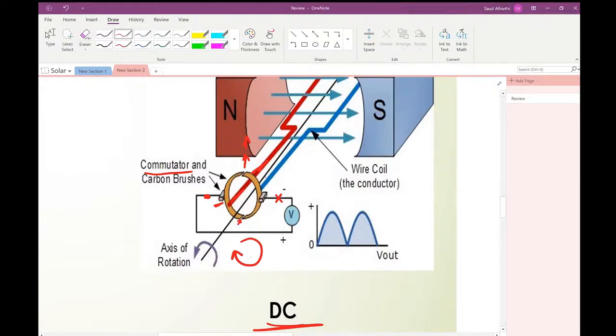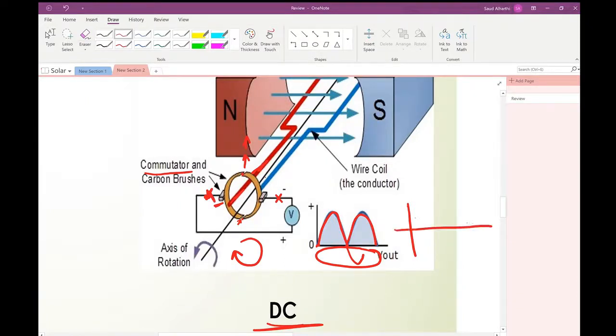So it's only one direction, starting from 0, from here, going up, then 0 here, then again. So this is a DC direction because we didn't go to the negative, while the polarity of the wire will change.